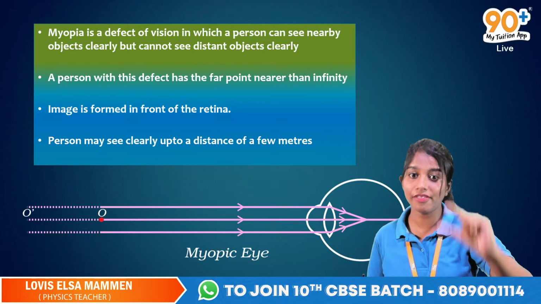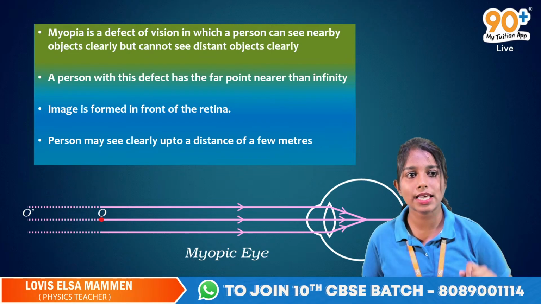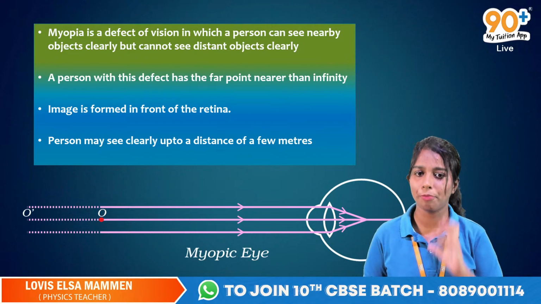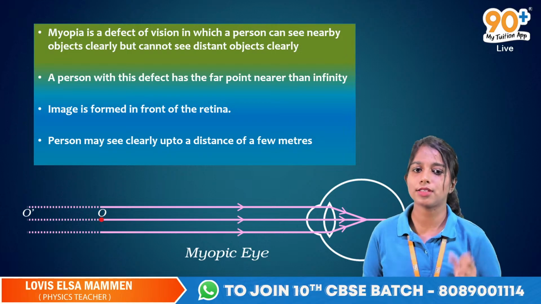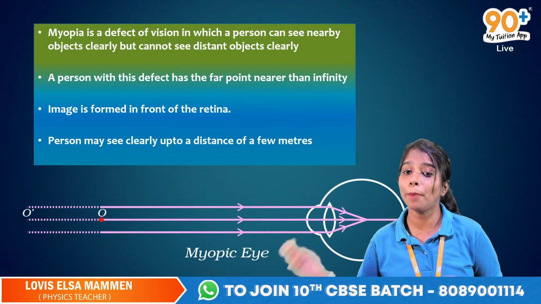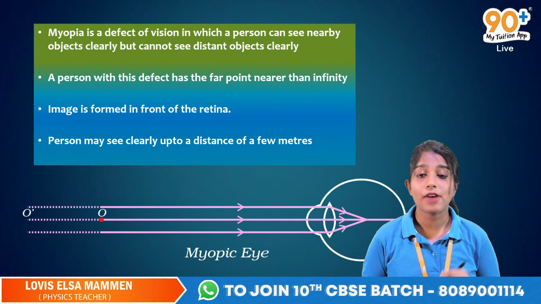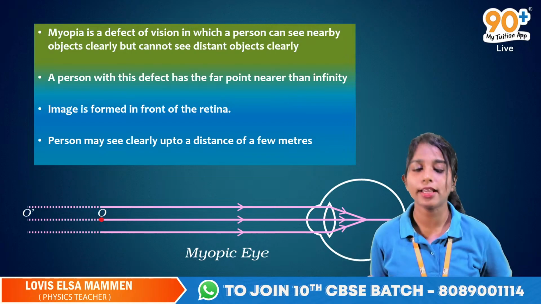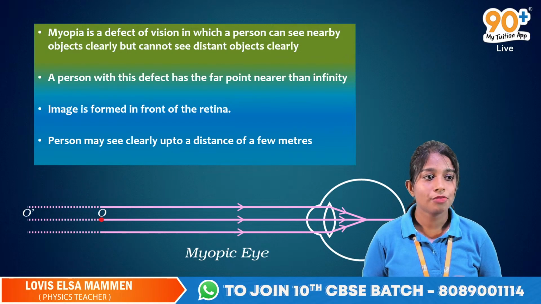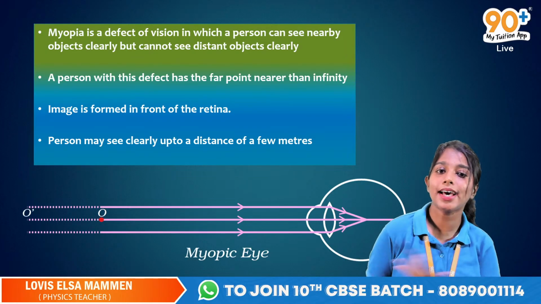Far point is how far we can see. So the maximum distance at which we can see objects clearly, that is far point. In the case of a normal eye, we assume that it is at infinity. But in the case of a myopic eye, the far point is not at infinity, but it is nearer than infinity.